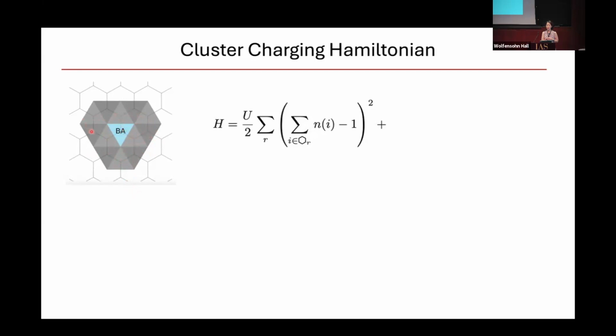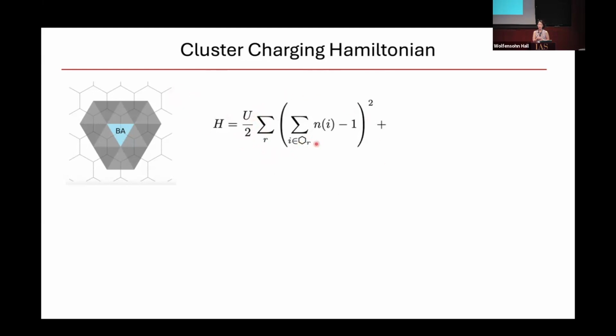In this hexagon, I want only one side occupied. So that's what this cluster charging Hamiltonian says. It says, on these hexagons, I want there to be only one charge, and having more than one side occupied will cost me energy U. And taking U to be infinite will force me to be in a ground state.